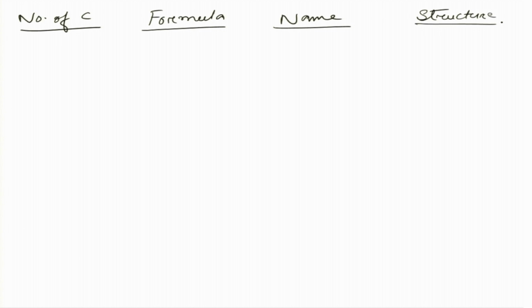When the number of carbons is 2, the alkyne is CnH2n-2, right? So 2 into 2 is 4, 4 minus 2 is 2. So we have C2H2, and the name is ethyne, and ethyne is like this.